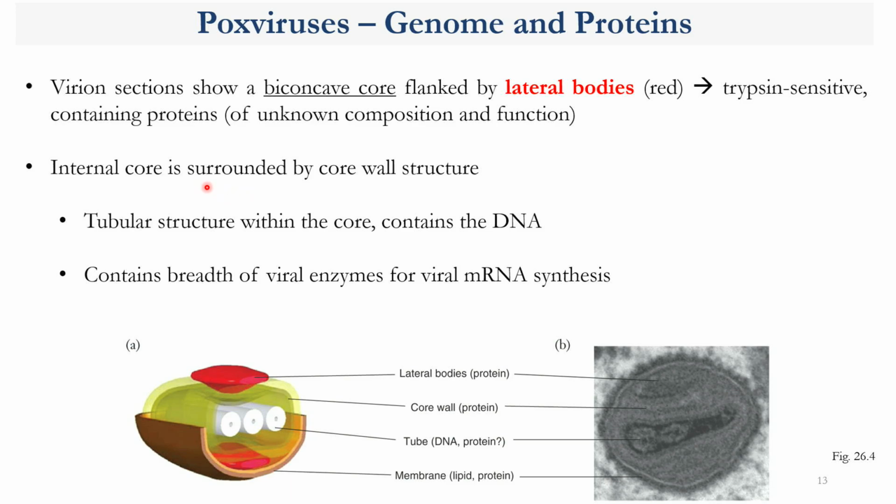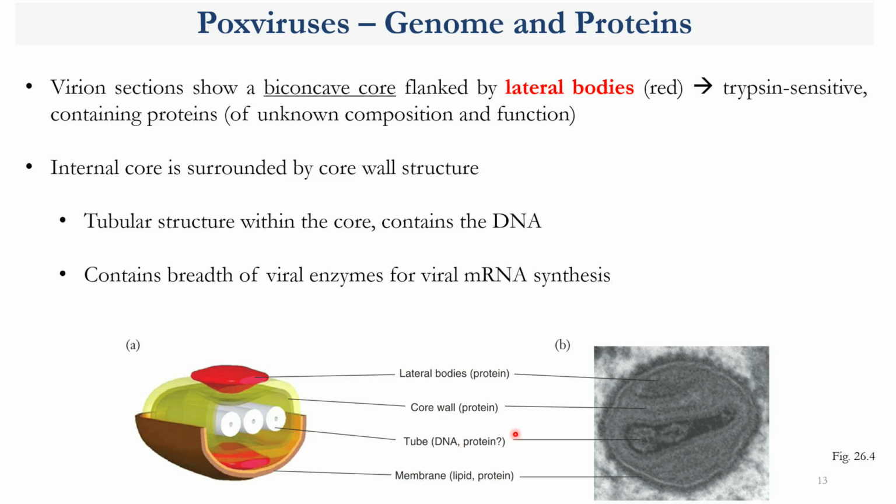Now, if you look at the internal core, it's surrounded by this core wall structure, as you can see here. And within that, you'll see that the genome itself is in these tubular structures within the core. So that's where the DNA is in this virus. And you can see this tubular structure right here in the electron microscope image. And it has DNA and probably has proteins as well.